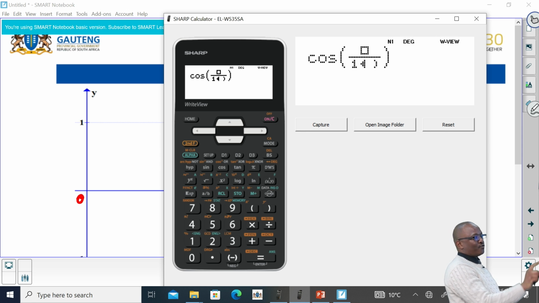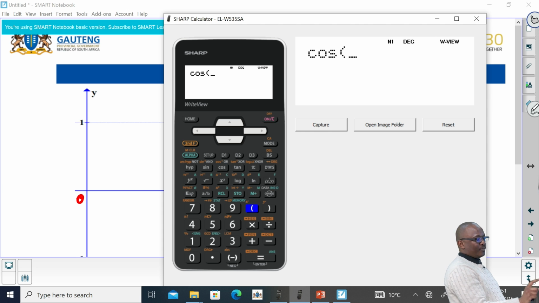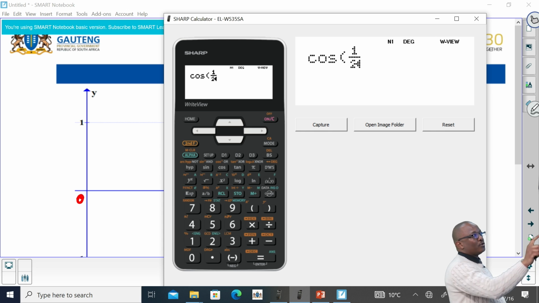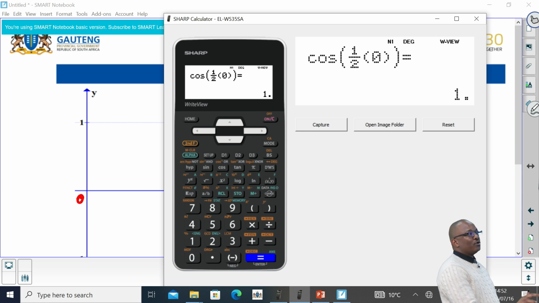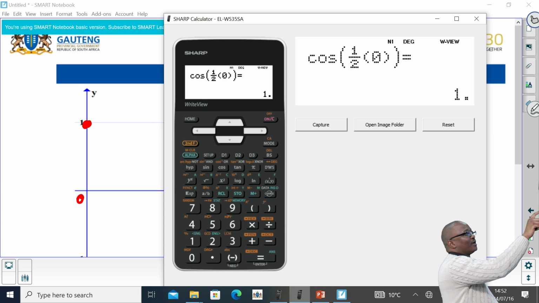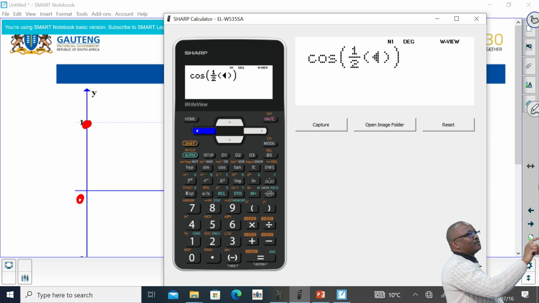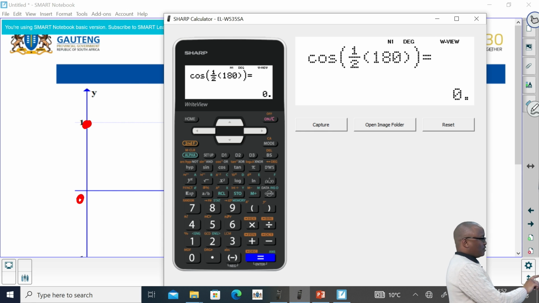Remember, there you have cos, open bracket, then 1 over 2, then you close, open, close again. So now that's what you will have. If you substitute 0, you will get 1. Then if you substitute now 180, inside there we're saying 180, then you will get 0.